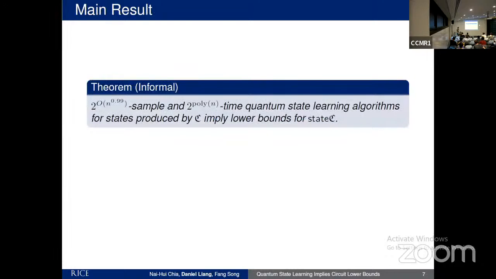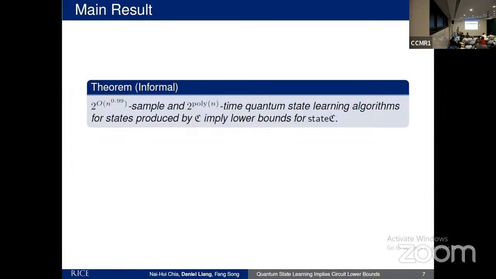A more formal version of our result is that if you can do 2 to the slightly under linear samples and 2 to the poly time quantum state learning algorithms for states produced by some concept class C, this will imply learning lower bounds for state C.